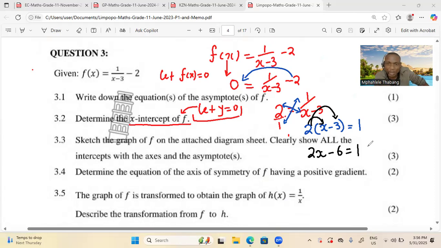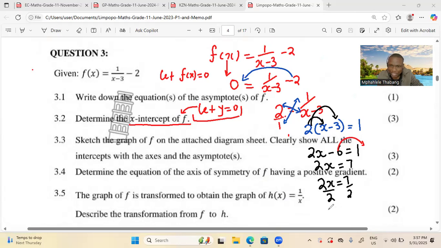Now everything becomes easy. You say 2x equals, you take negative 6 to the right side. It becomes 1 plus 6, which is 7. So 2x equals 7. Then you divide both sides by 2 in order to solve for x.